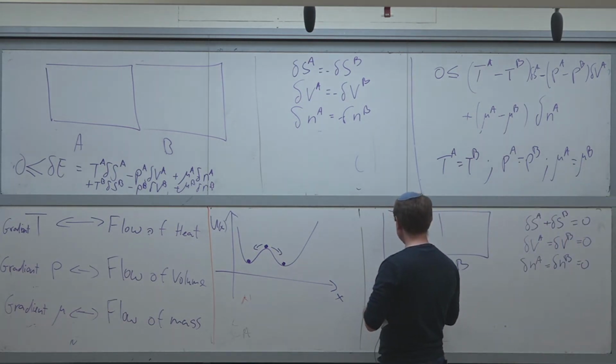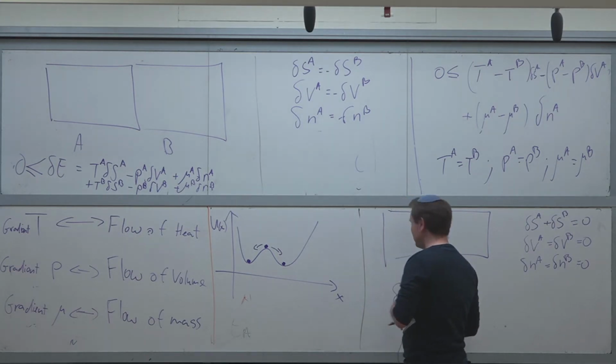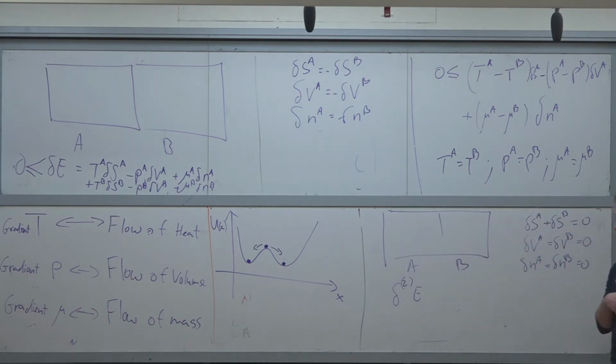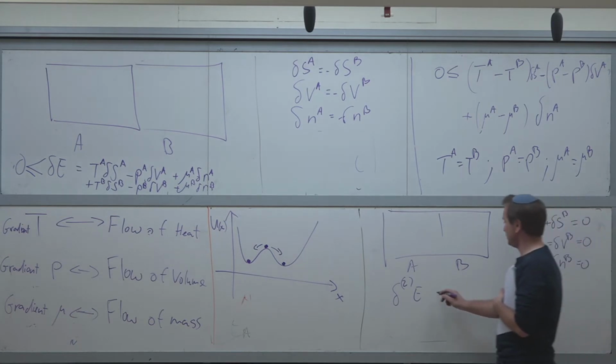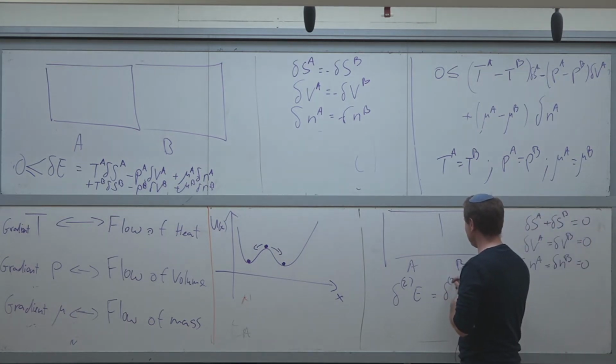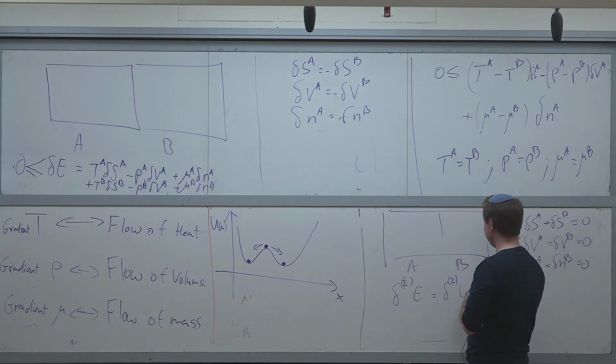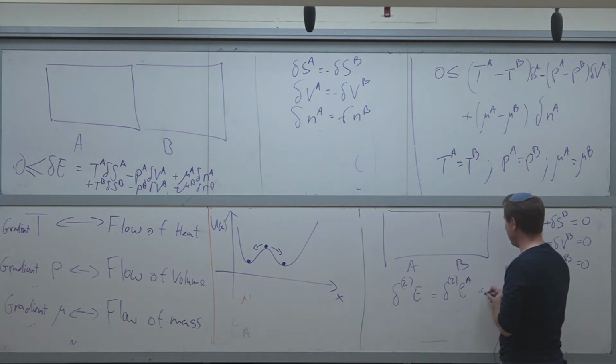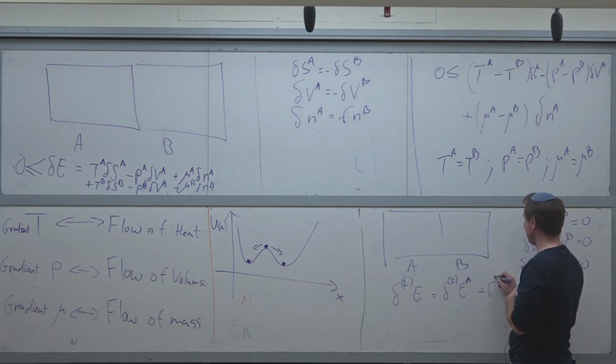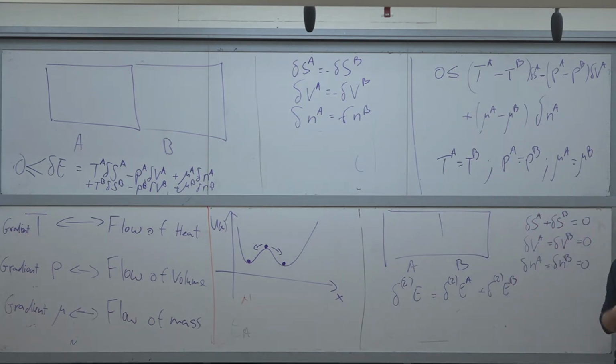What is the second order change in the energy? It is the second order variation in the energy of A plus the second order variation in the energy of B. By second order, it's simply a second order Taylor expansion.